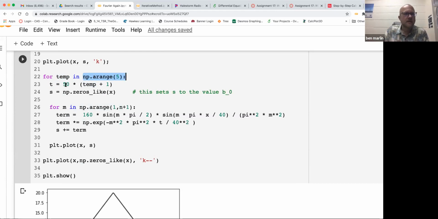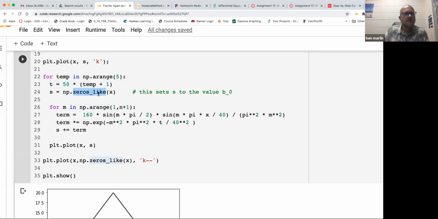Okay. So then I said my t value that appeared elsewhere is going to be 50 times the temp plus 1. If you're wondering, gosh, why did he use 50? I experimented around and 50 made the little curves that you saw in there a little bit farther apart, was all. Okay.